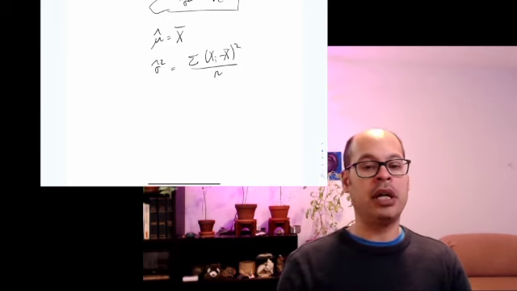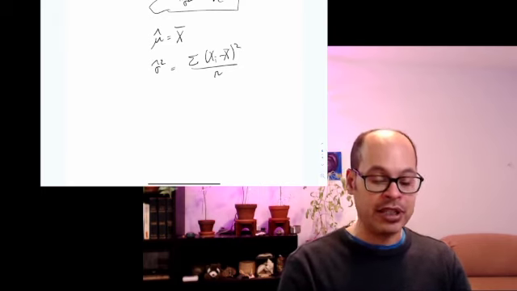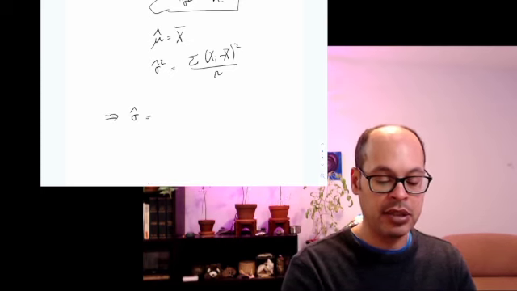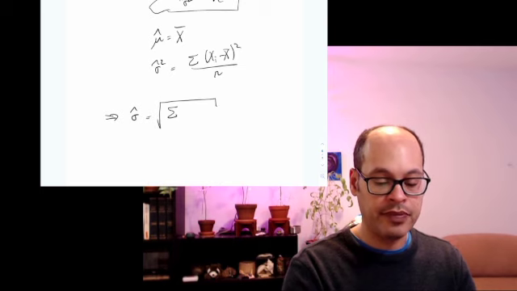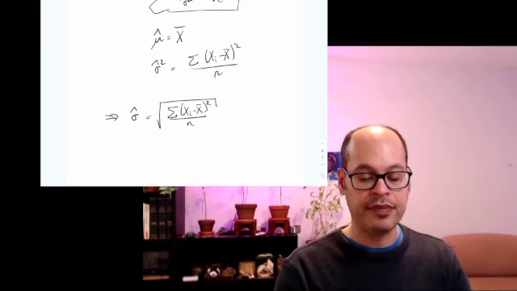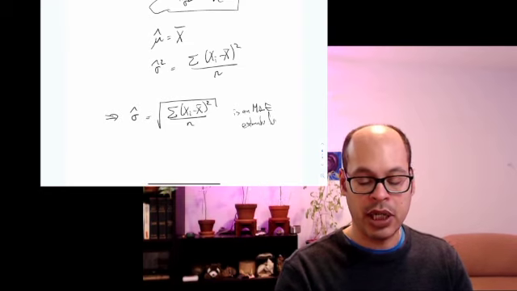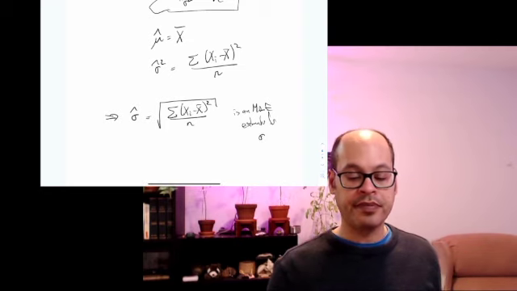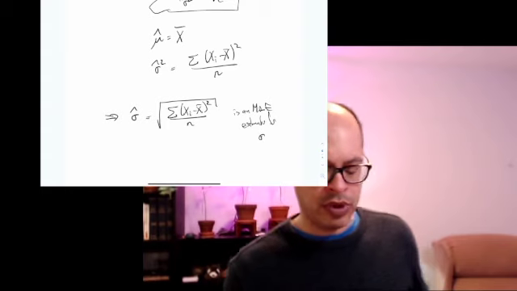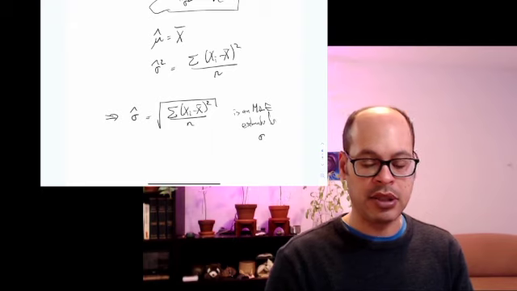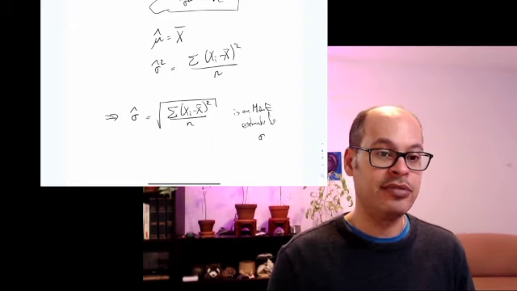And because these have the invariance property, notice that if I let sigma hat be the square root of the sum of (xi minus x bar) squared over n, then this is an MLE estimator for the standard deviation. Of course, these might be biased, but these are consistent minimal variance estimators, and that's a nice thing to see.